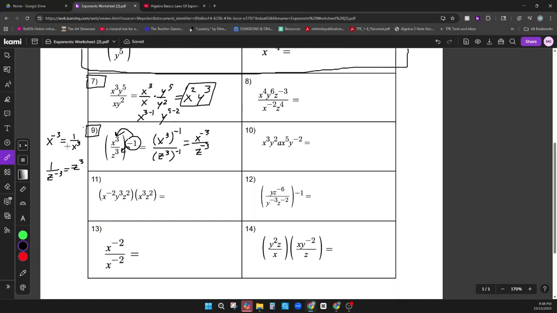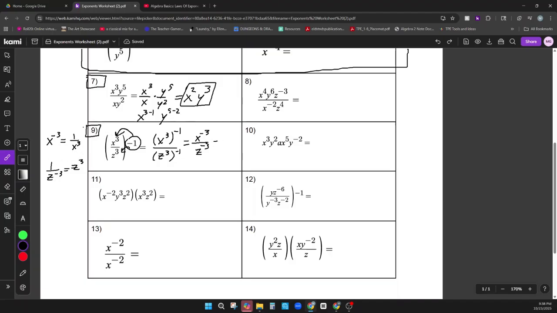So it's not just a matter of making a division, it's a matter of we flip our bases because we have a negative power. So our numerator becomes our denominator, and our denominator becomes our numerator.